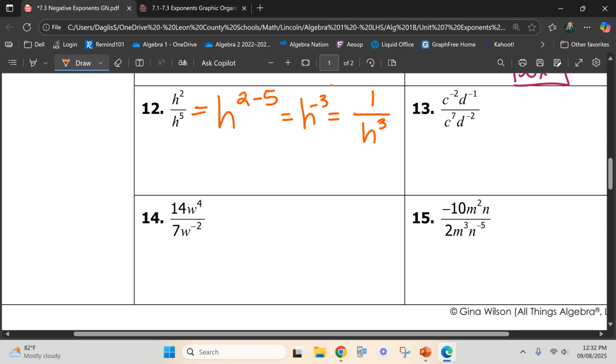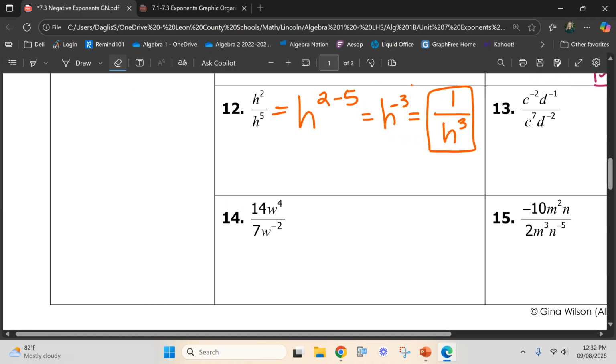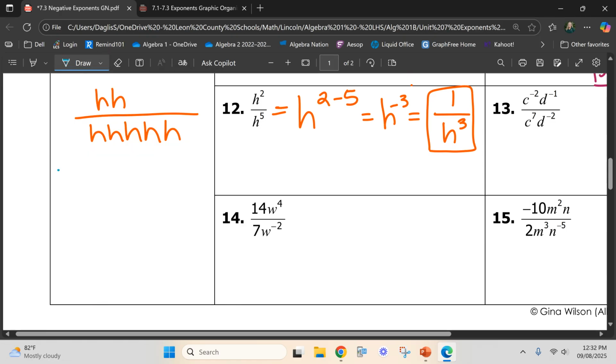Can I give you a visual here? This is telling me that I have 2 H's on top and 5 H's on bottom. So what if I actually drew that out? 2 up here, and then 1, 2, 3, 4, 5 down here. We talked about canceling things out last week.